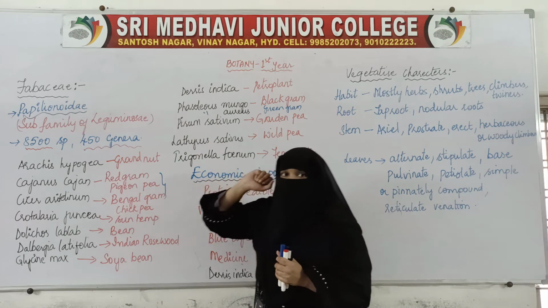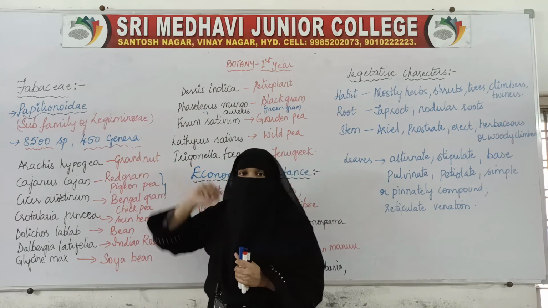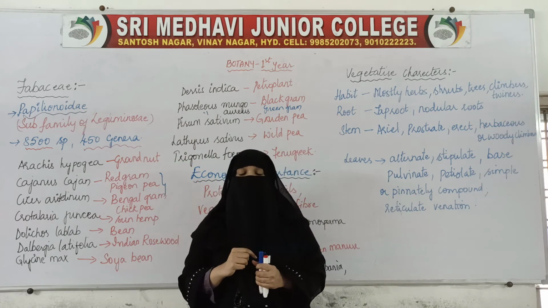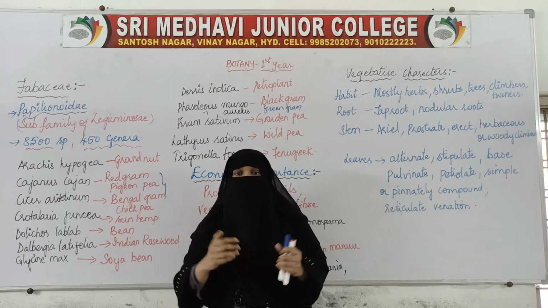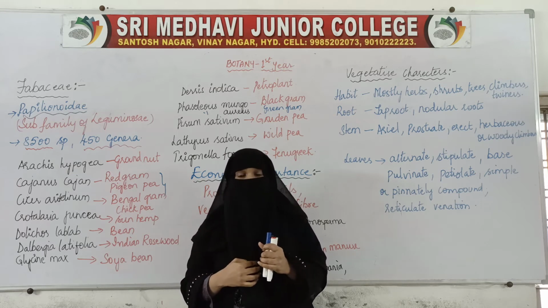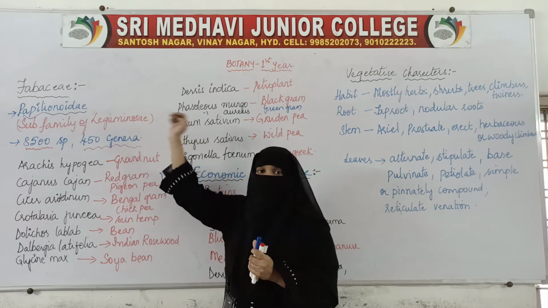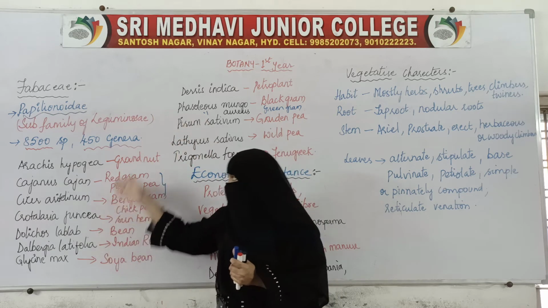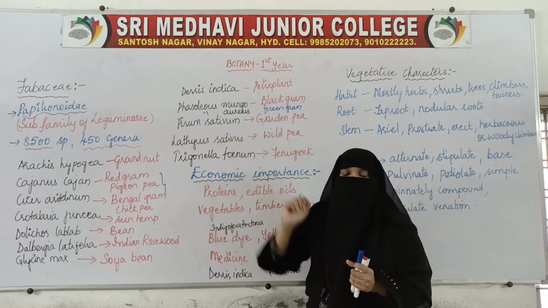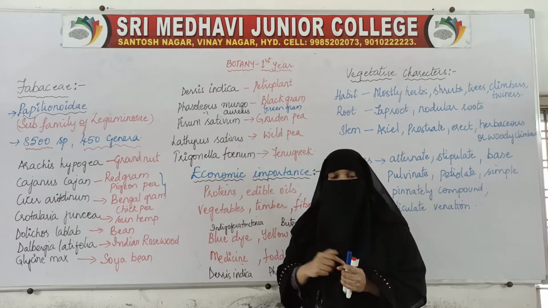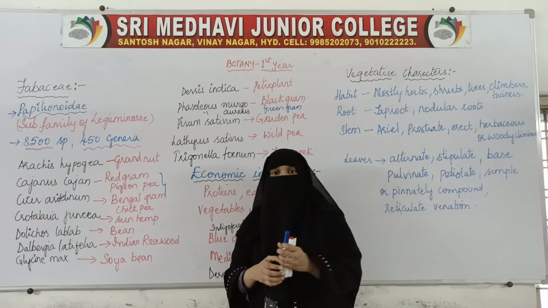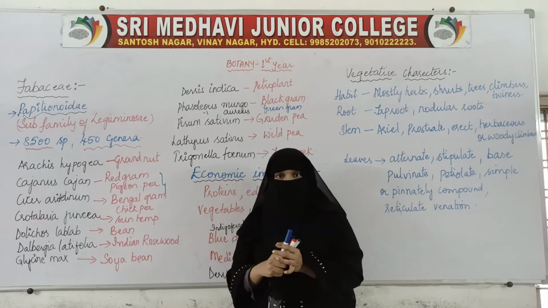This family consists of 8,500 species. Out of those 8,500 species, these are the common plants of the Fabaceae family which we use. So we have the scientific names as well as the common names, what we call them in our local language.